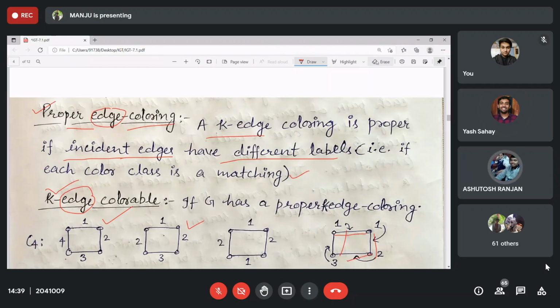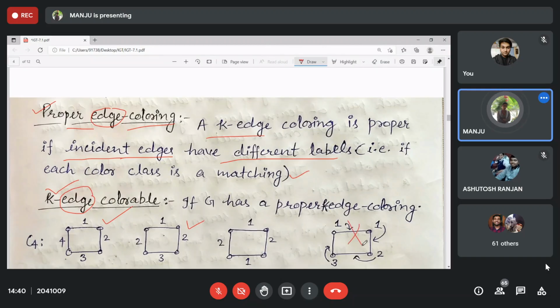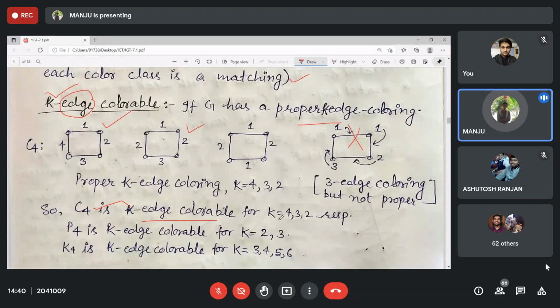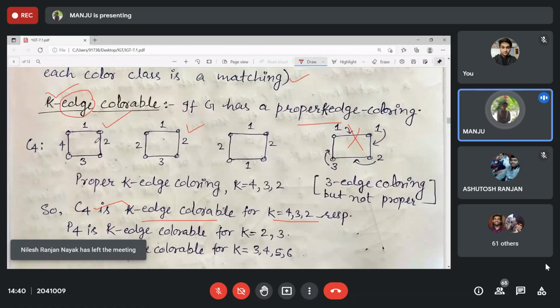It is not proper, so it is not a proper edge coloring and we discard this one. It is not K edge colorable, because a proper K edge coloring does not exist.